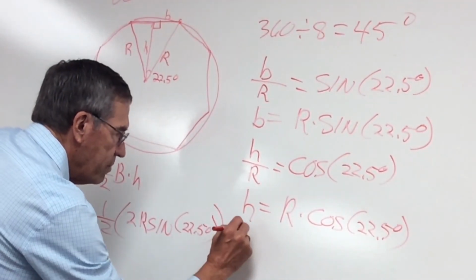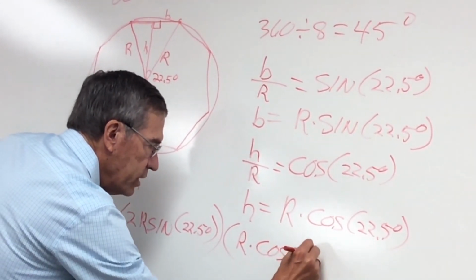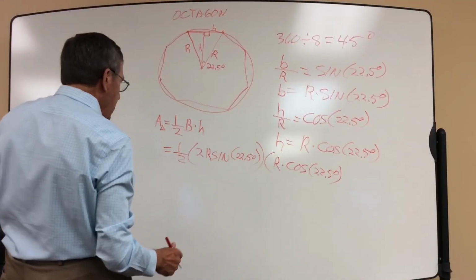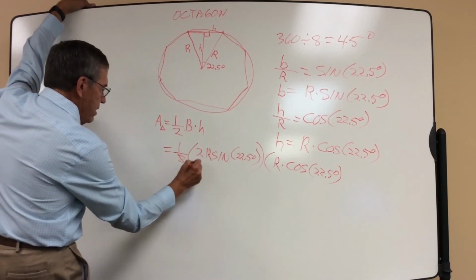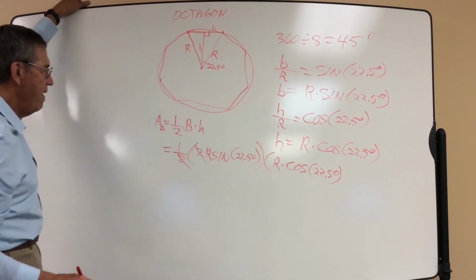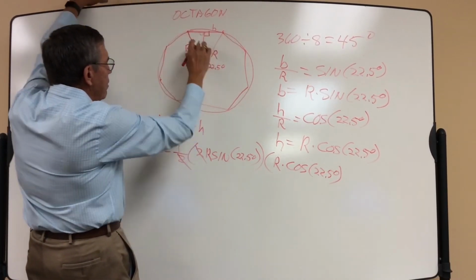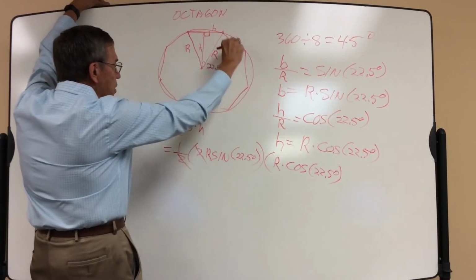So that is multiplied by r times cosine of 22.5 degrees. Okay? Now, the 2 will cancel this out. That knocks that out. Now this triangle was this triangle here. We have an 8-sided figure, so there are going to be 8 of those triangles going around there.